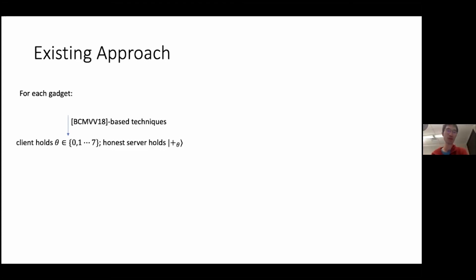to achieve the following. The client will hold a random theta from 0 to 7, and the server will hold the plus theta state, which achieves the ONI's mapping. Both parties will do this for each gadget independently.